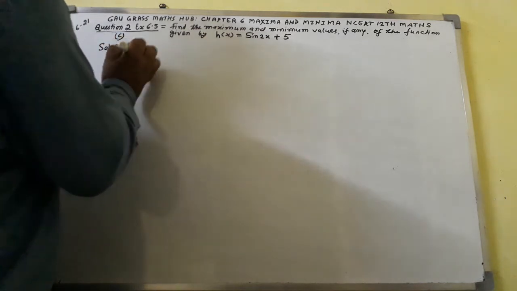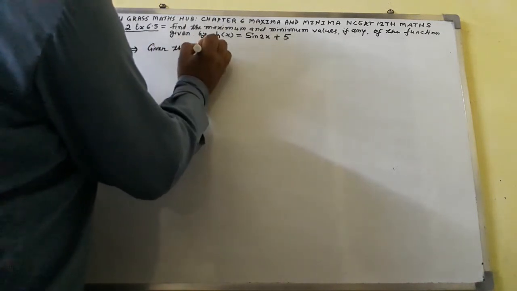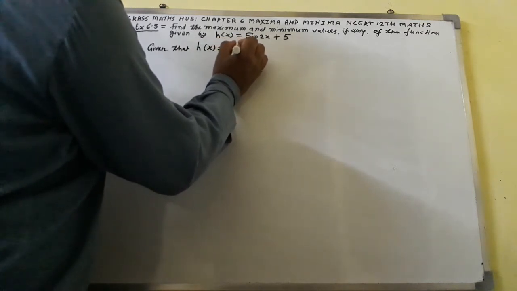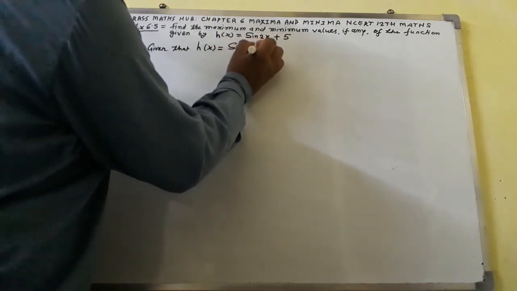Solution: given that h of x is equal to sin 2x plus 5.